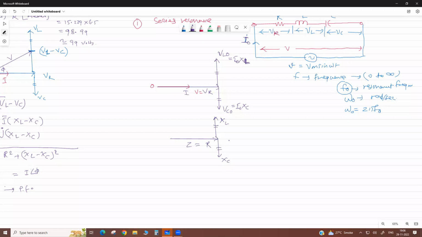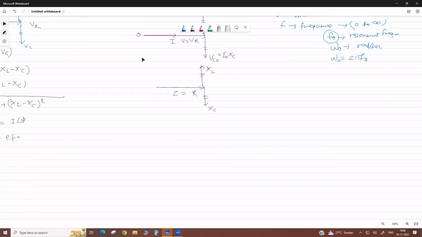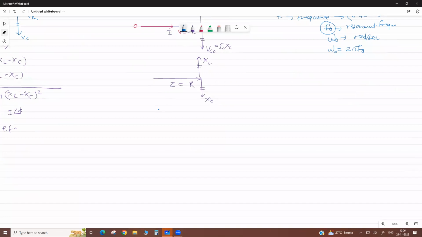Now if we calculate under resonance condition, first we calculate the impedance of the circuit. Z is equal to under root R square plus XL minus XC whole square.